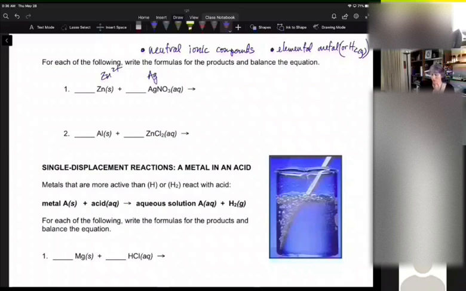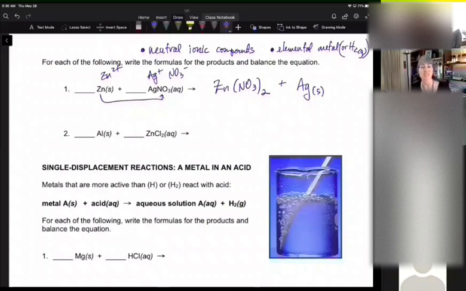Silver always forms 1+, and nitrate is 1-. So we're going to make a new compound between these two. It needs to be a neutral compound, so we'll have 2 of those nitrates. And now the other thing that's left is the silver. It's going to form the solid. So it's a single replacement.